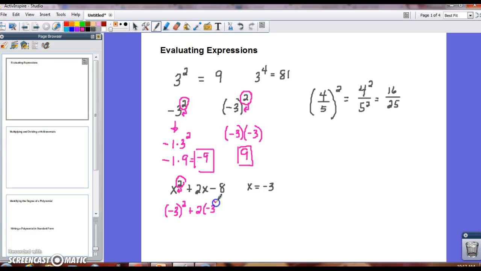Always put it in parentheses, and then you'll always make sure that you get the right answer. Okay, so here you would have 9 minus 6 minus 8, which would give you negative 5 as your answer. You can put this in your calculator, just make sure that you use parentheses when you're doing that.